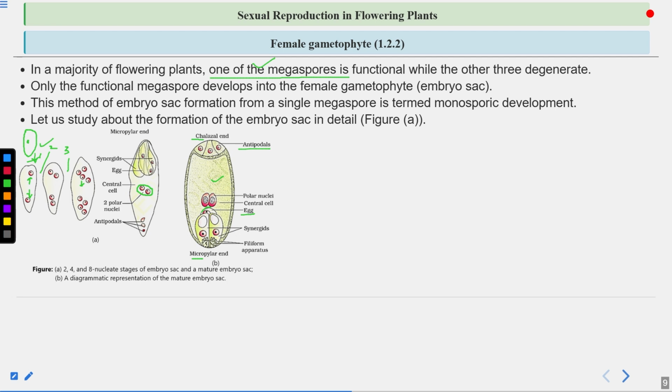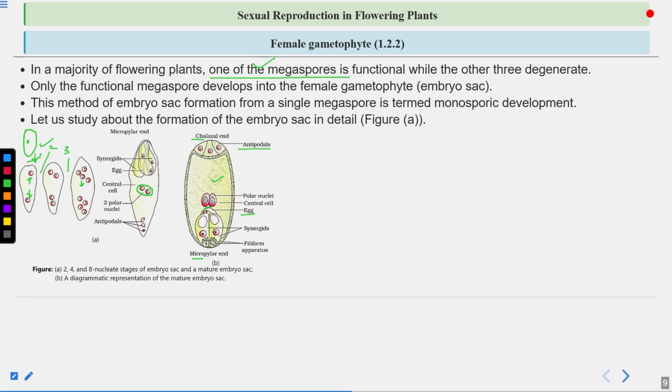Now count the number of nuclei. 3 antipodal cells, 3 nuclei at the micropylar end, 1 from the egg and 2 from the synergids, total 6. The central cell has the two polar nuclei, so total 8 nuclei.